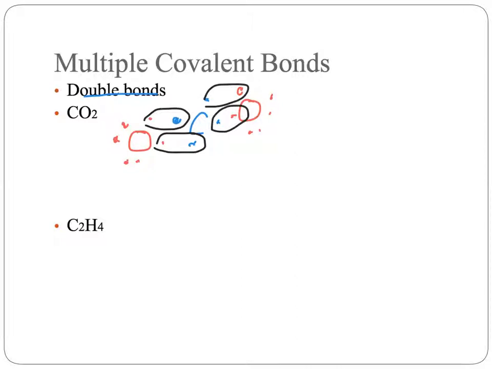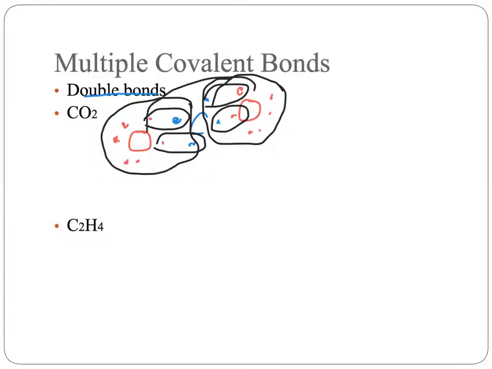And as a result, this oxygen has access to 8 electrons, and this oxygen has access to 8 electrons, and this carbon, I'm getting kind of messy here, but this carbon has access to 8 electrons. So they all fulfill the octet rule, and we end up with, again, using lines for bonds, these double bonds instead of a single bond holding the oxygen and the carbon together.